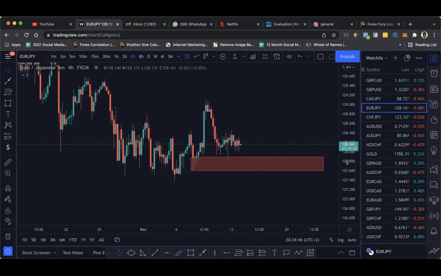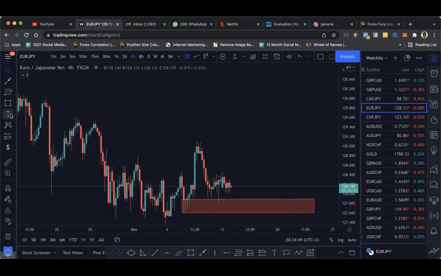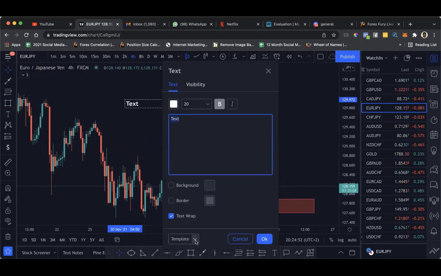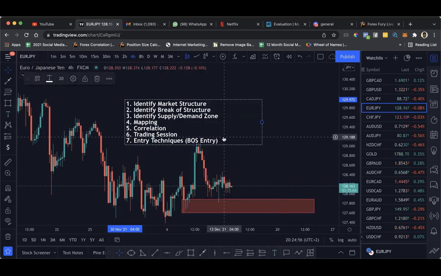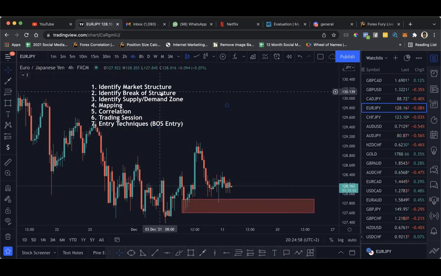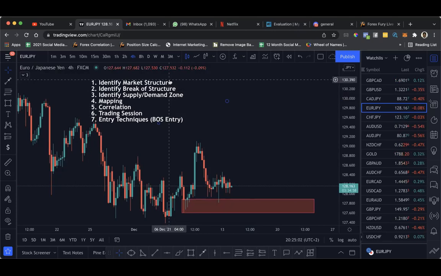So the next thing is our mapping. Remember your checklist, guys. Very, very important. Before you enter any trade, you want to know your checklist. Number one is to identify market structure. We've identified that on the higher time frame, we are trying to enter a counter trend.